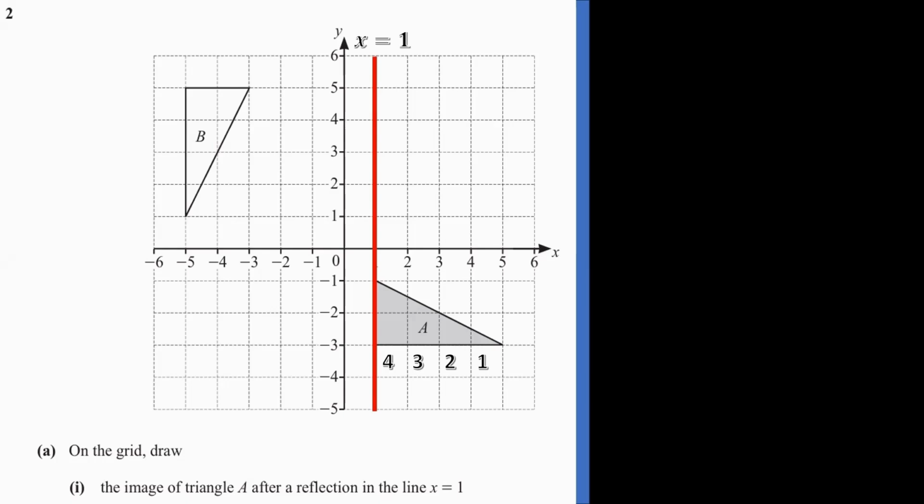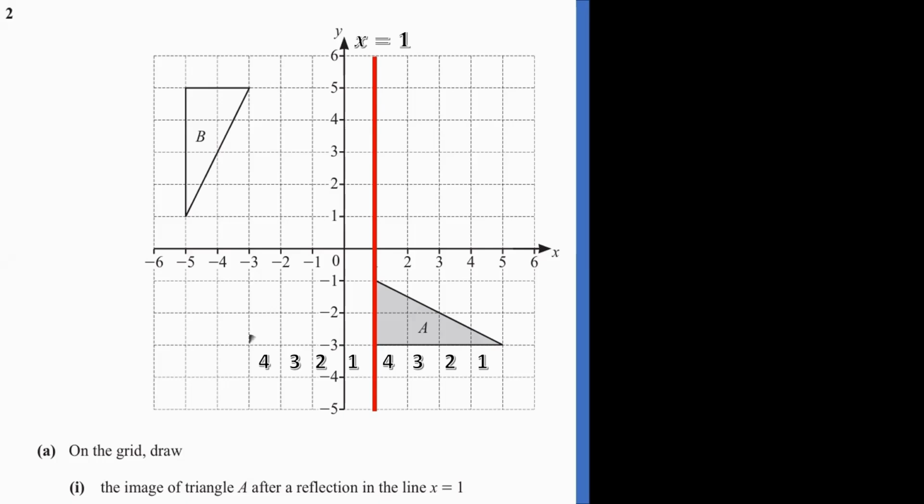That means if we want to reflect that part of the triangle that is away from the red line, we are going to take 4 steps forward. After the red line, we are going to count 4 boxes to be able to reflect that. And so we count 4 boxes, okay?